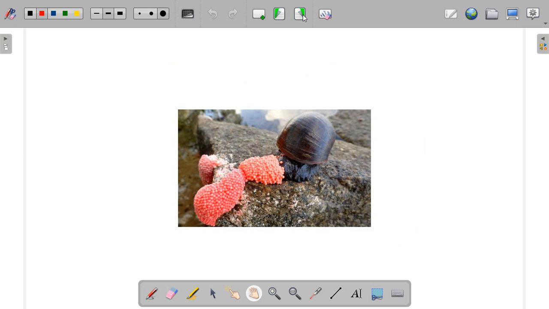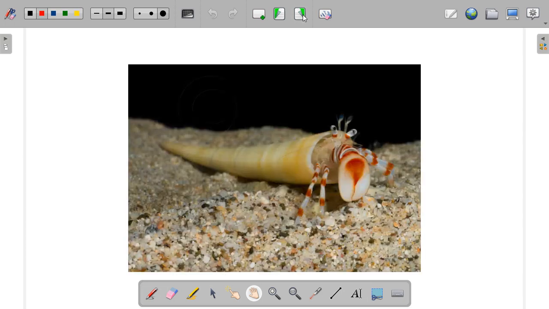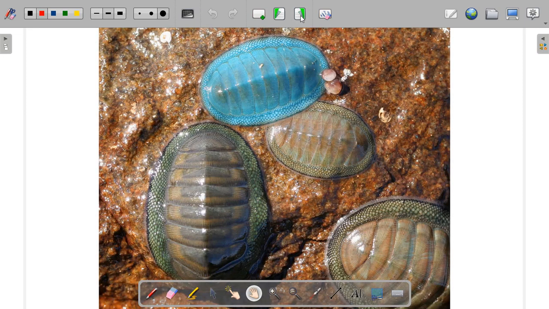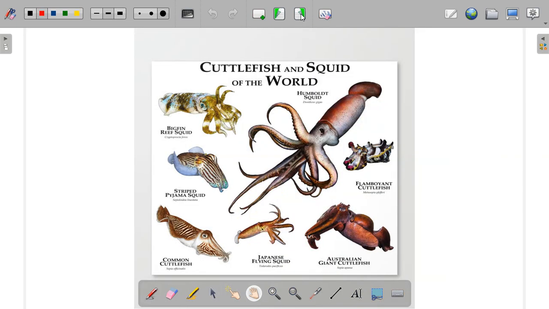Pila laying the eggs, the apple snail. Tusk bearer. That means you can see the organism has a tusk. Chiton. You can see the outer external shell. The different types of squids. And you can see this is the cuttlefish. These are all cuttlefish.